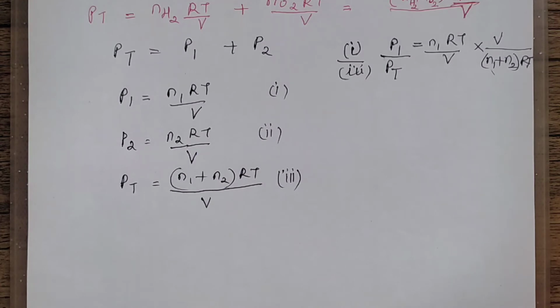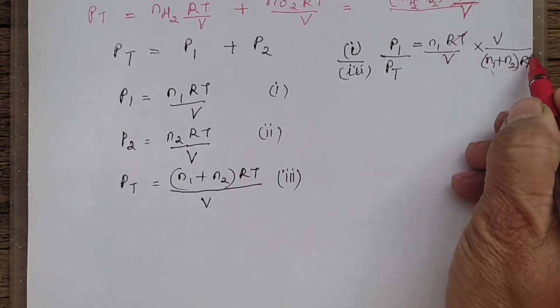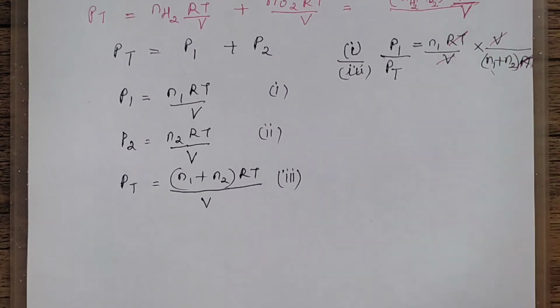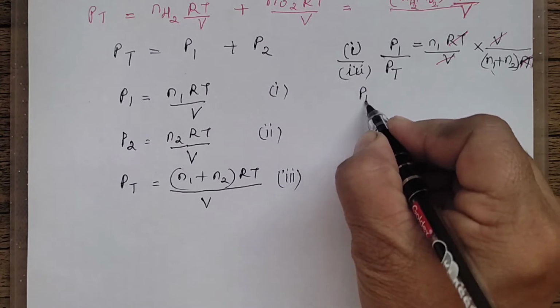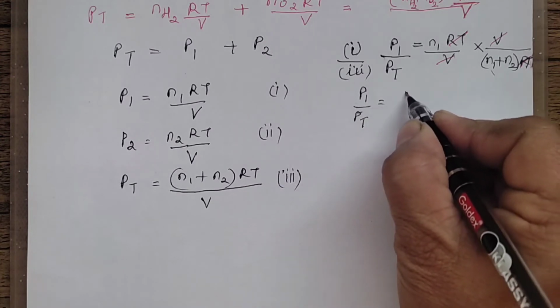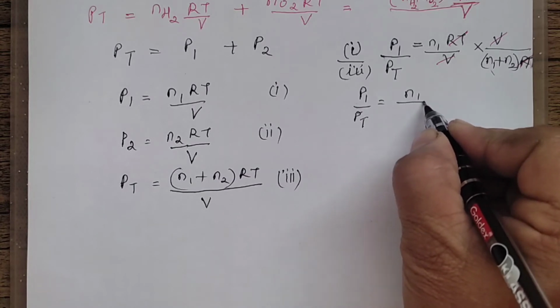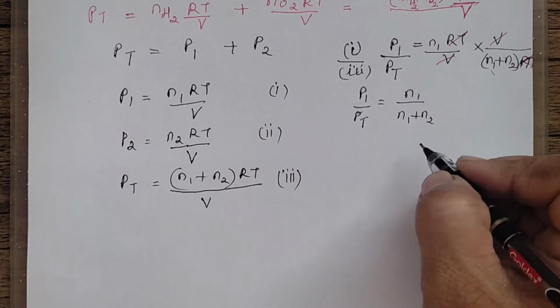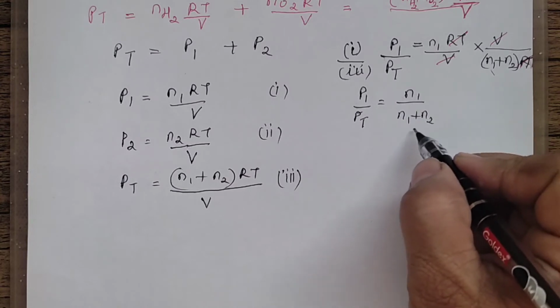What all can we cancel out? We can cancel RT by RT, and we can cancel out the volume also. So what are we getting? P1 by P total is equal to N1 by N1 plus N2. What is this N1 divided by N1 plus N2?